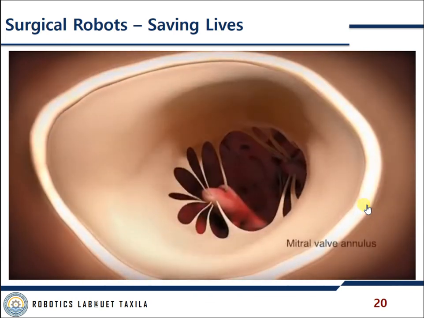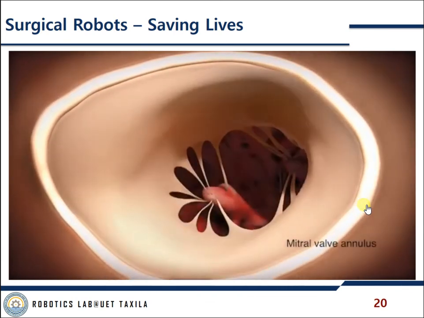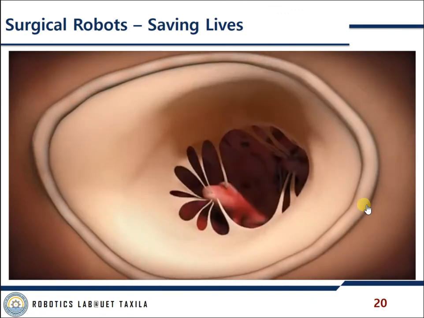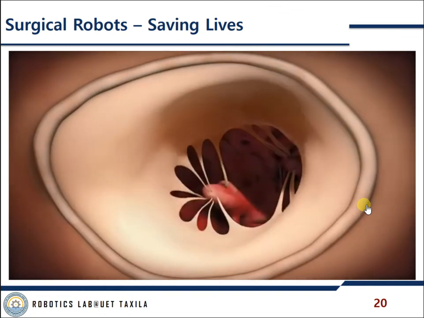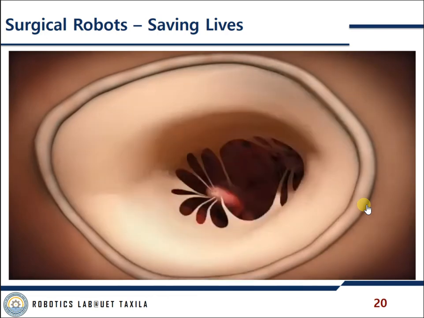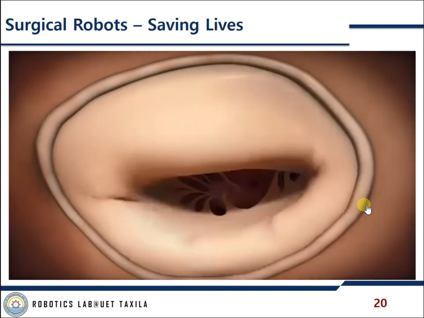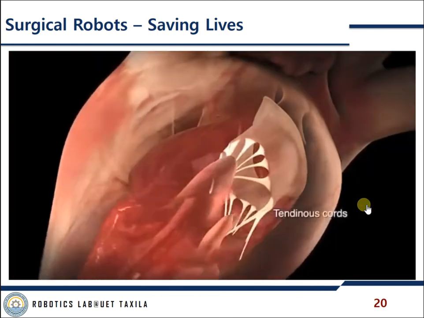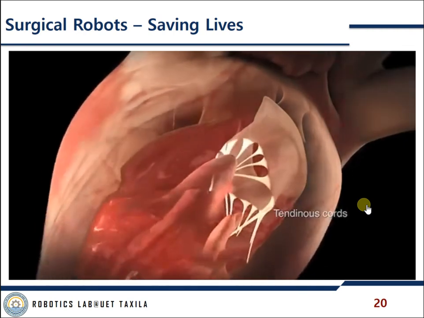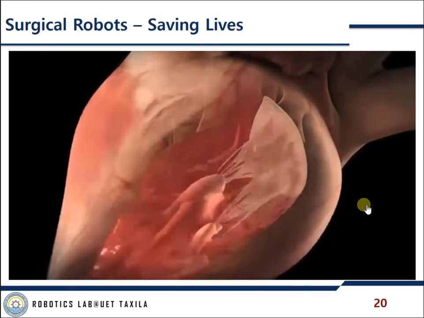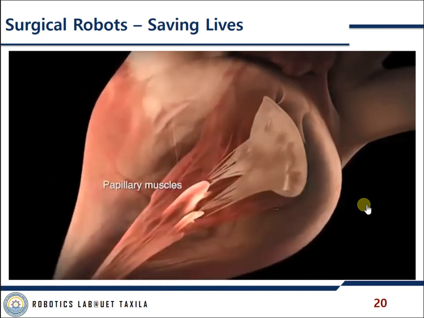A fibrous ring of tissue called the annulus surrounds the mitral valve. This maintains its shape and helps ensure that the leaflets close completely. Tendinous cords anchor the leaflets to small projections in your left ventricle, called papillary muscles.